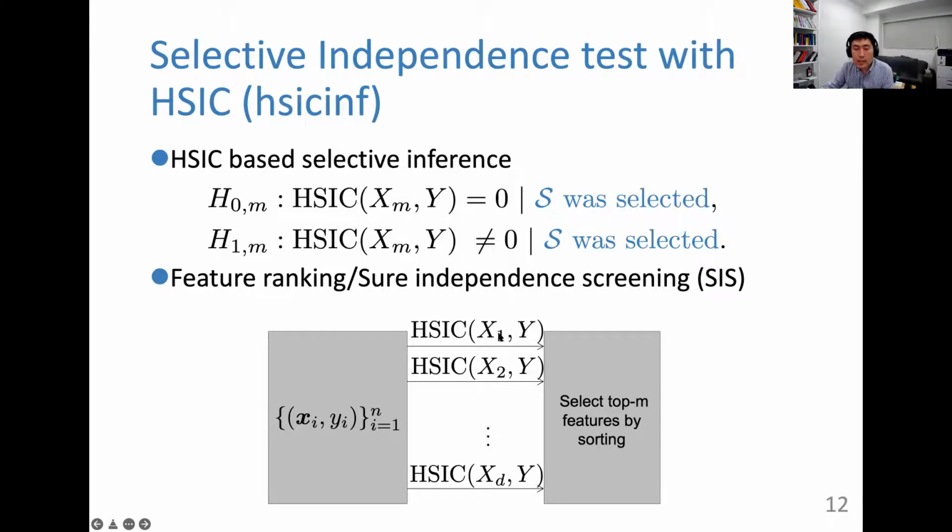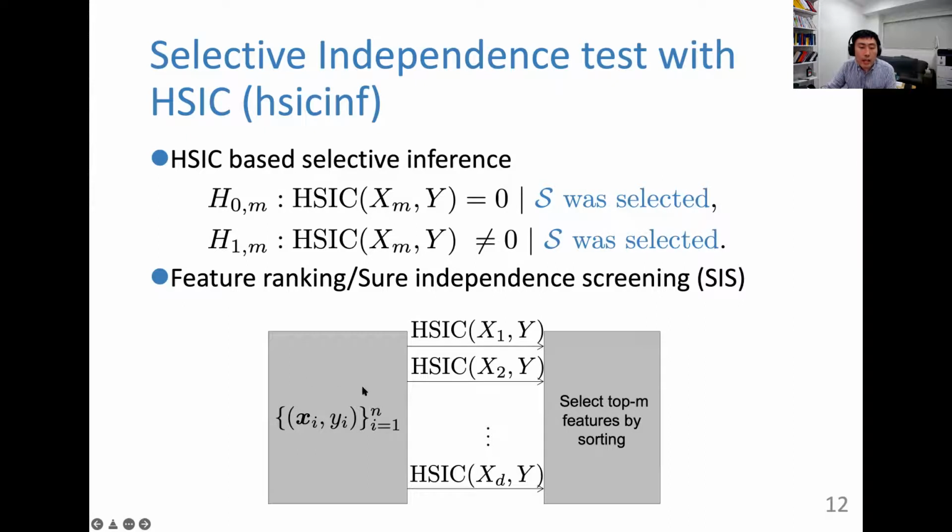On the other hand, if X1 and Y are dependent, then it takes a positive value. So this is the HSIC definition, and therefore we can use HSIC as a feature selection measure. For feature selection, we use a feature-ranking-based approach, also called the sure independent screening, or SIS, method.